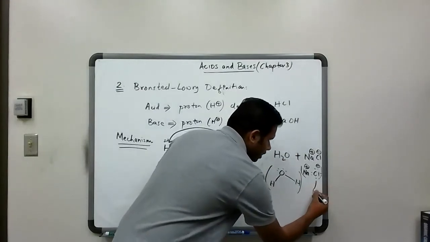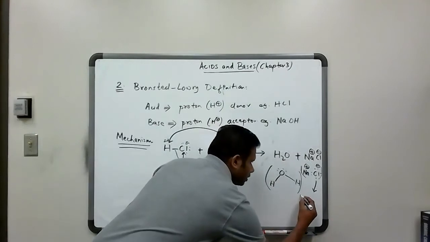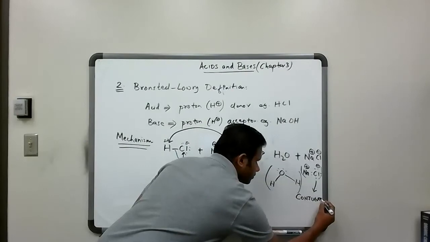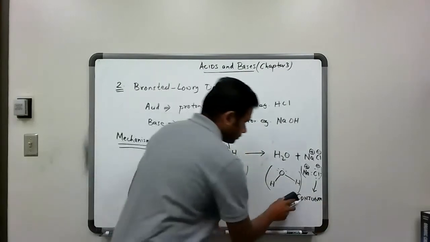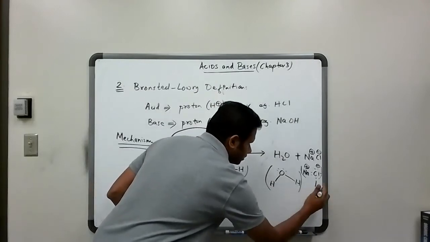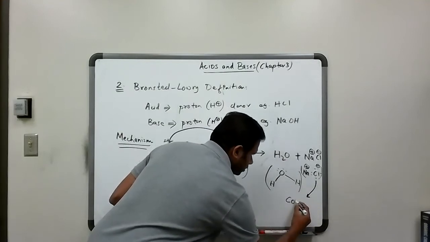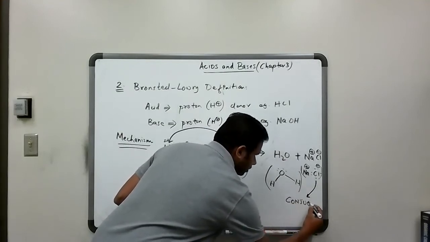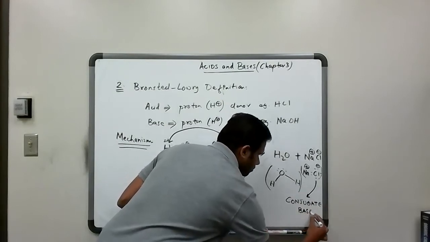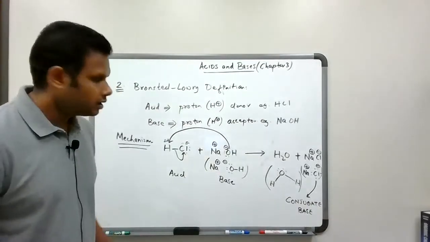This chloride ion is called a conjugate base.